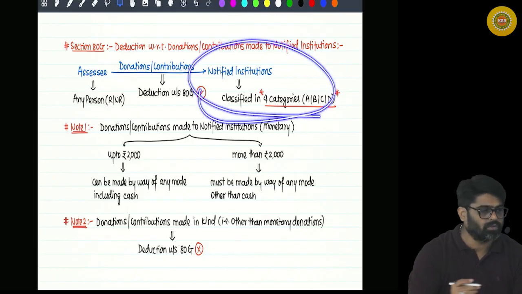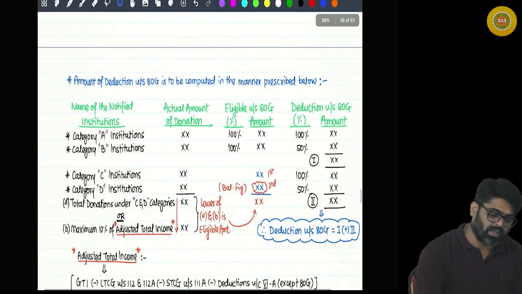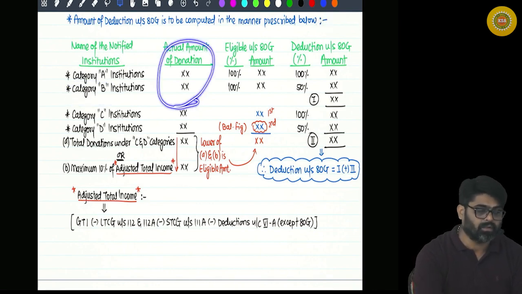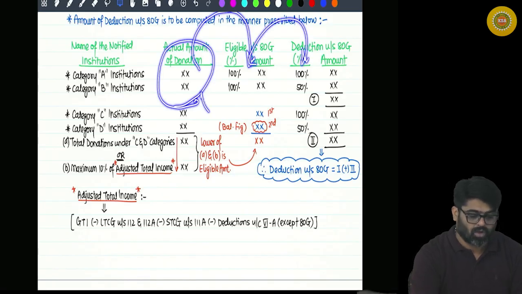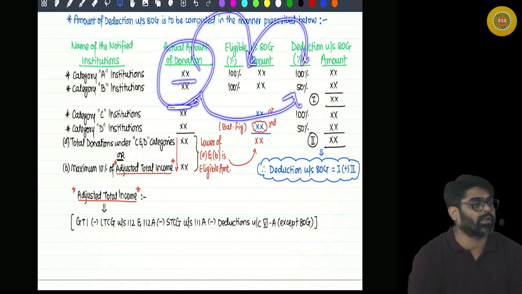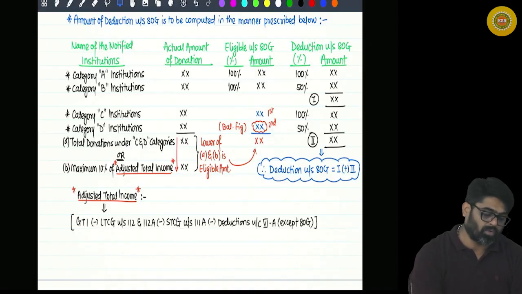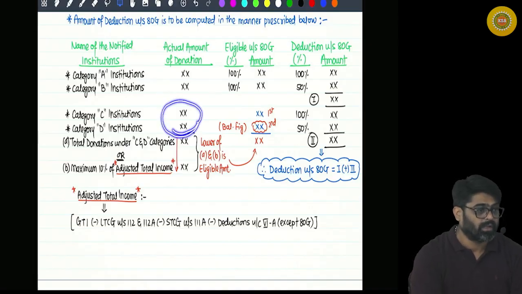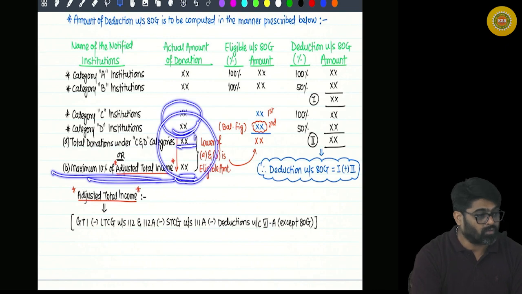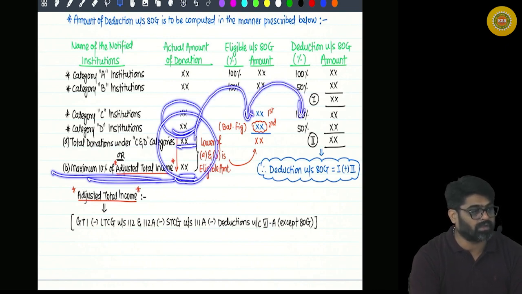You have to make the donation to notified institutions. Now if the institution is category A or category B, then the amount donated will fully qualify, and out of that amount 100% will be allowed as a deduction or 50% will be allowed as a deduction, depending on whether it is from category A or category B. Amount donated for category C and D in total cannot qualify more than 10% of adjusted total income, and out of that qualifying amount, category C will be allowed 100% and category D will be allowed 50%.